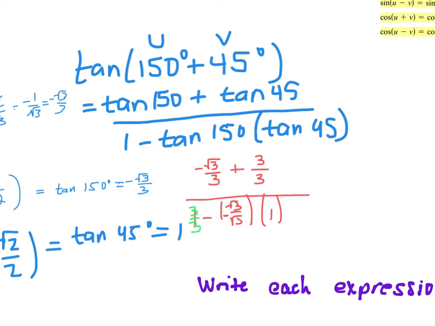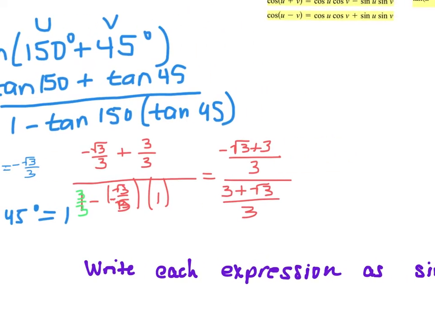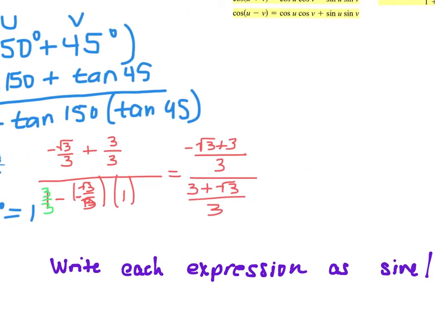If I simplify this, in the numerator I have negative root 3 plus 3 over 3. And in the bottom here, 2 negatives give me plus root 3 over 3. So now I'm going to flip.